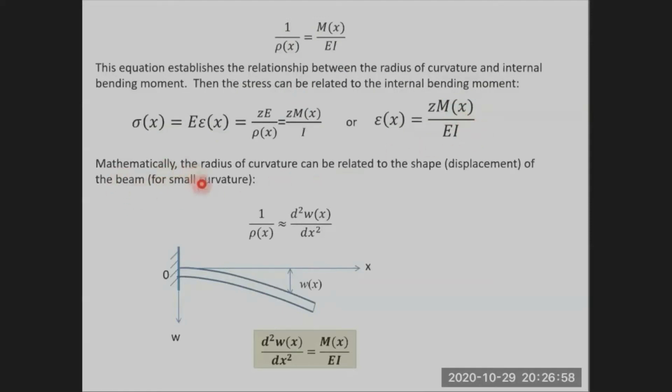Mathematically, the radius of curvature can be related to the shape or displacement of the beam. Namely, 1 over rho, the reciprocal of radius of curvature, is approximately equal to the second derivative of W, the displacement, with respect to x. Please note that this is only true for small curvature, for small deflection.